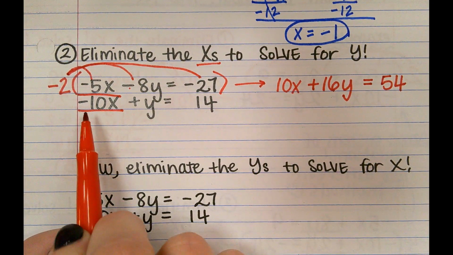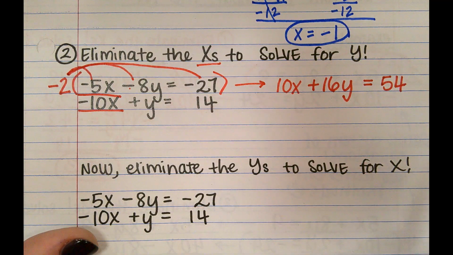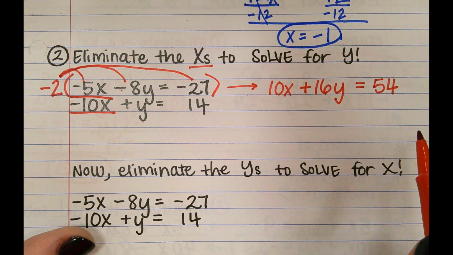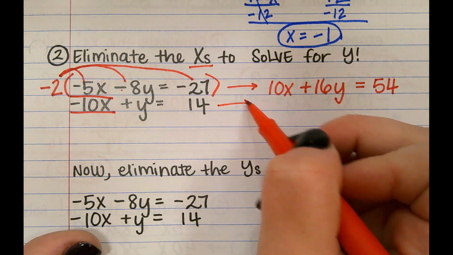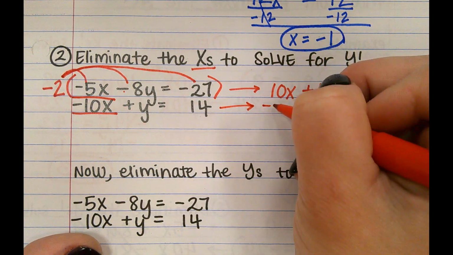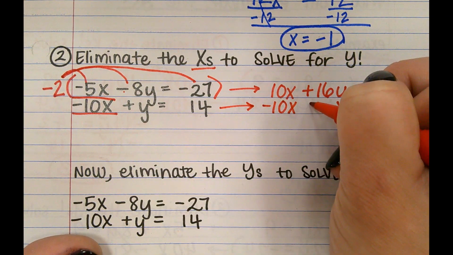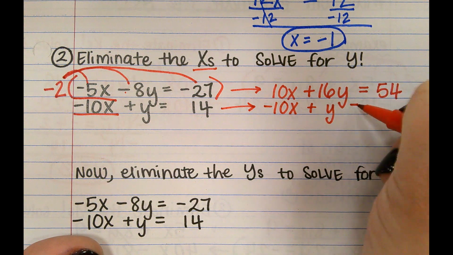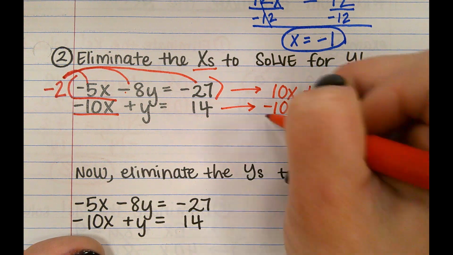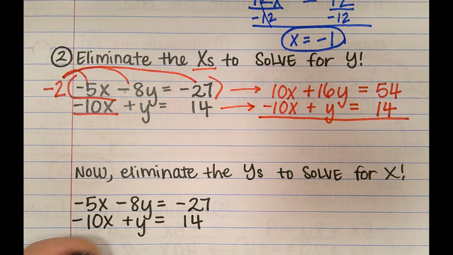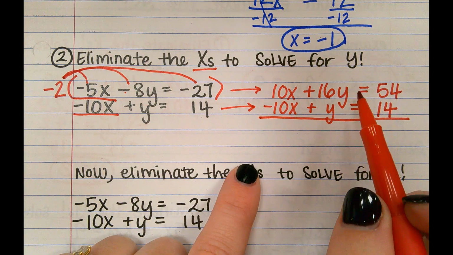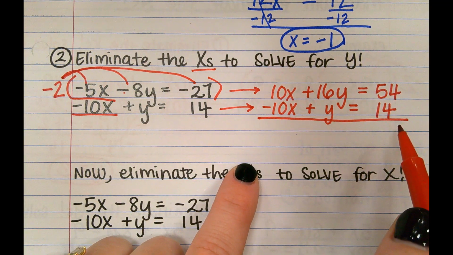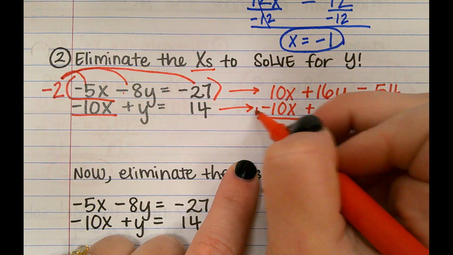And what will I do with my bottom equation? Just bring it over. I'm just going to rewrite it underneath. Minus 10x plus y equals 14. Okay? What will I do next? You add them together.